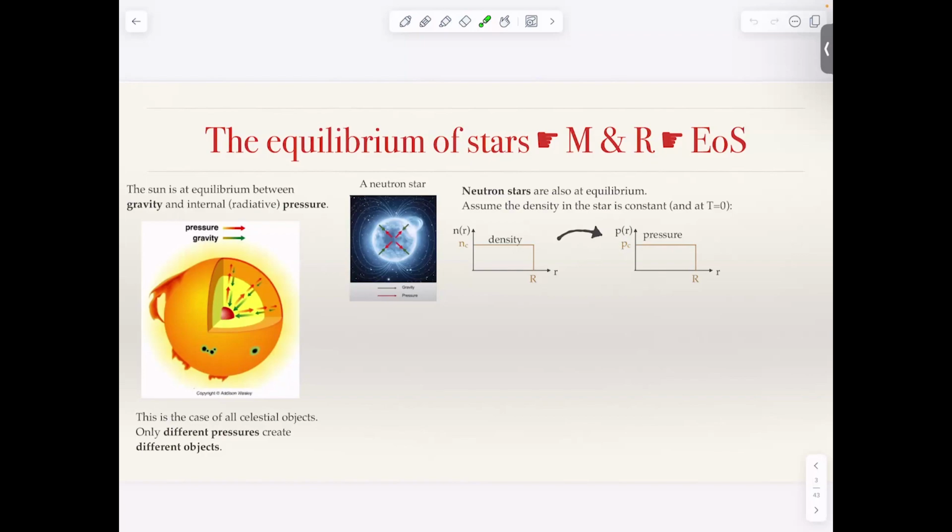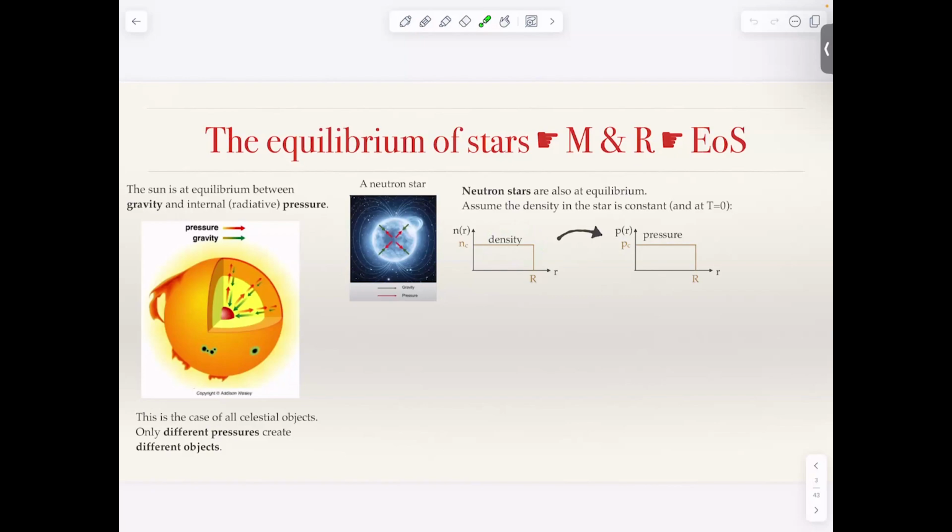Okay, so let's make a very simple toy model of a neutron star. Of course, what I say is not correct, but this is just a toy model. Let's assume that in a neutron star I have a uniform density. So the density there is just flat, and it goes flat up to the radius, and at the radius, it falls.